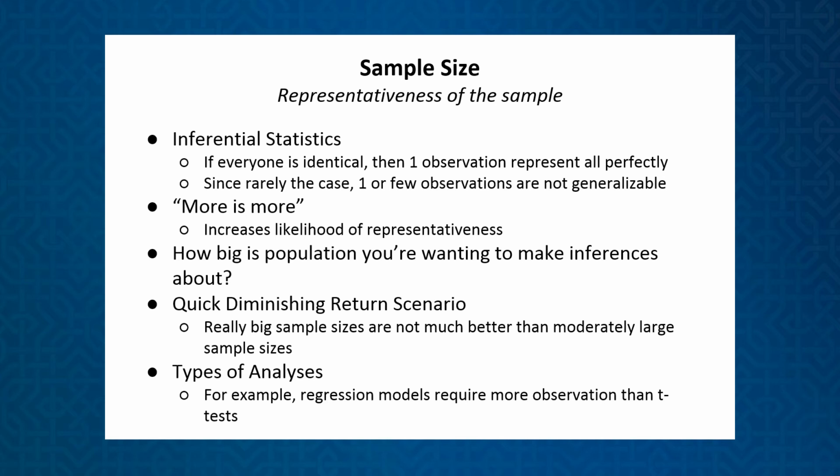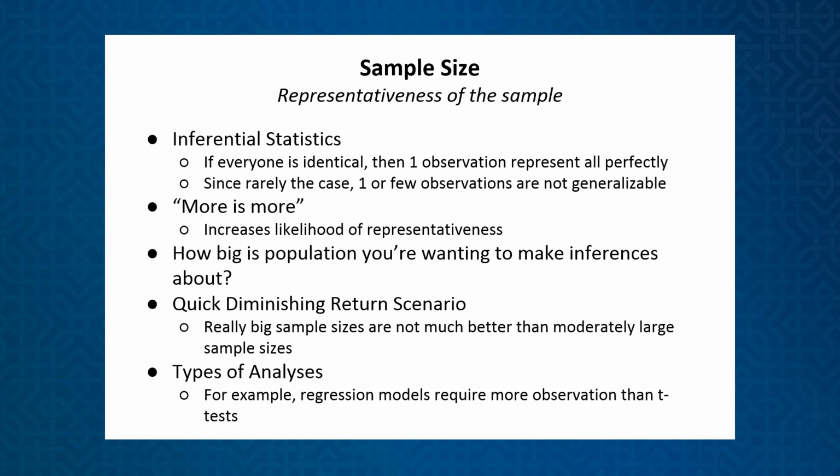But if you think about how many captive beluga whales there are in the world, even a small number of them represents a pretty decent proportion of the total captive beluga whale population. So you're not necessarily in as bad of a situation as you might otherwise be.